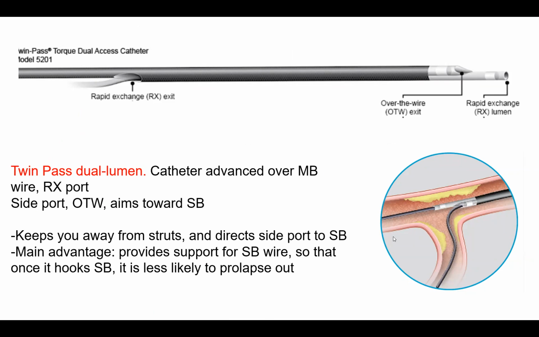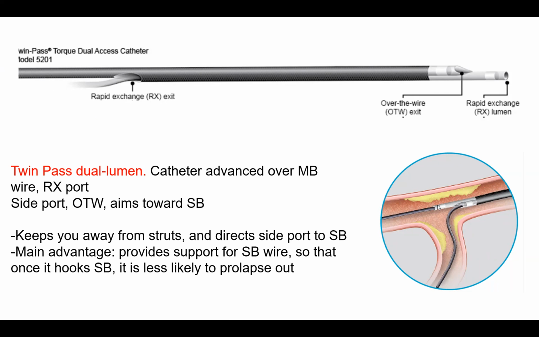The twin pass, just quickly, is a 2-lumen catheter, 2 separate lumens. One of them is a monorail rapid exchange lumen. Another one is an over-the-wire lumen. The monorail lumen goes over the main branch. This is how you advance it. You advance it over the main branch wire, in a monorail fashion. The over-the-wire portion is the portion that opens on the side into the side branch.